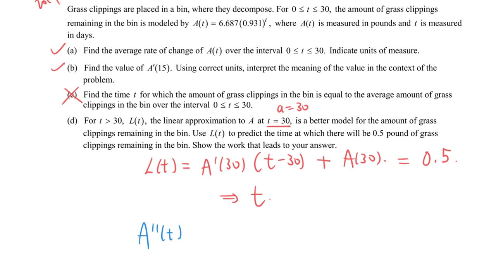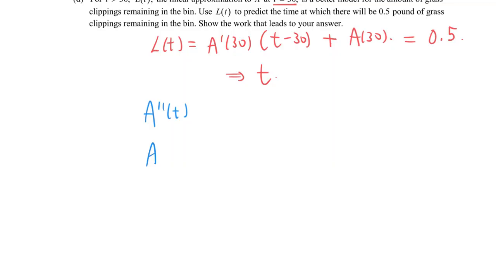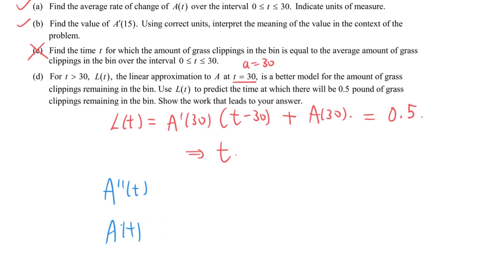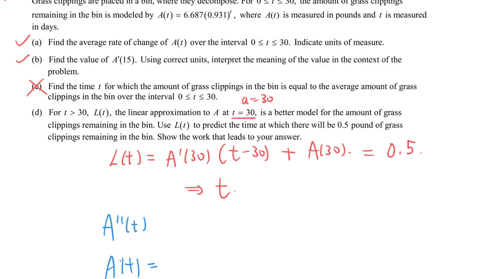And here, one good way to deal with this is to take a look at A double prime of t. Before that, we're first going to take a look at A prime of t. A prime of t is equal to, if you paid attention to the derivative of an a to the x exponent, then you would know that the derivative of this would be the constant here, times the ln of the base times the thing itself, right?